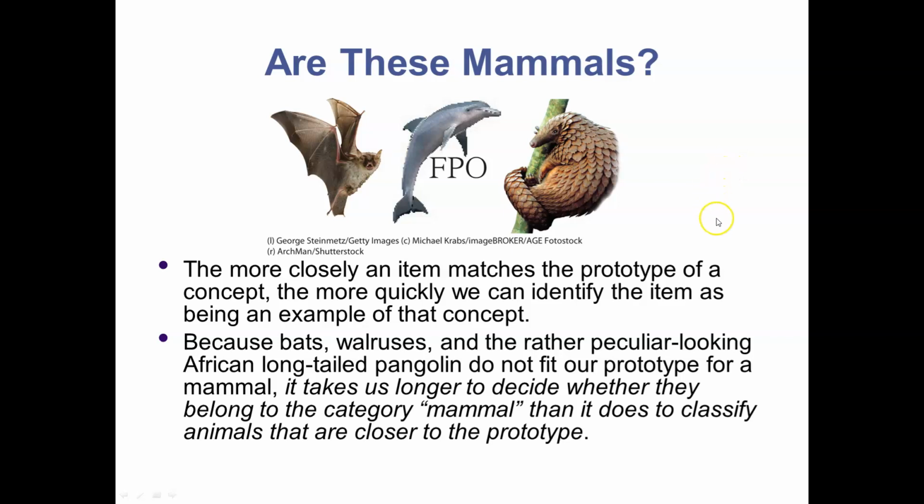Because they do not fit our prototype for a mammal, it takes us longer to decide whether they belong to the category mammal than it does to classify animals that are closer to the prototype.